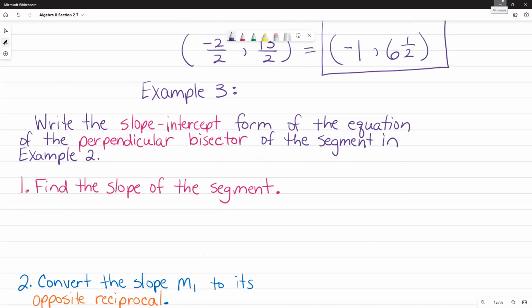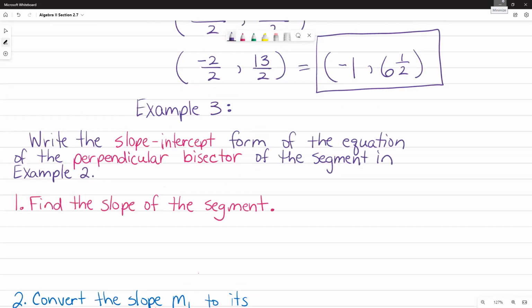Slope intercept form. What is the slope intercept form? Anybody? Okay. It's y equals mx plus b. There we go.